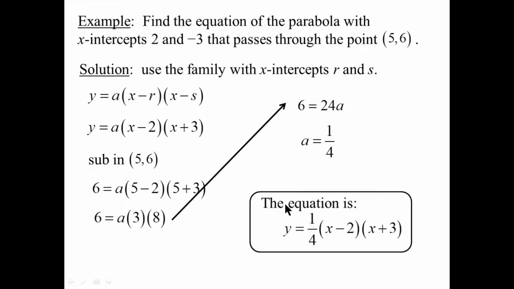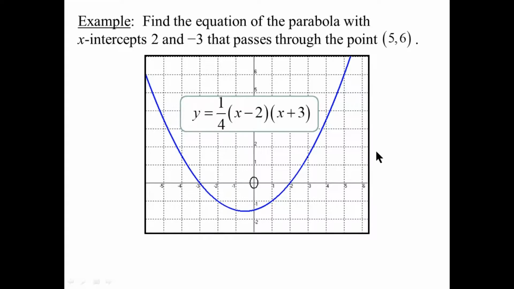So we claim that the equation of the parabola with x-intercepts 2 and minus 3 that passes through this point is this equation. Well, let's see. On the software, I've carried the example forward. This is the parabola, according to the software: y equals 1/4 times (x minus 2) times (x plus 3).